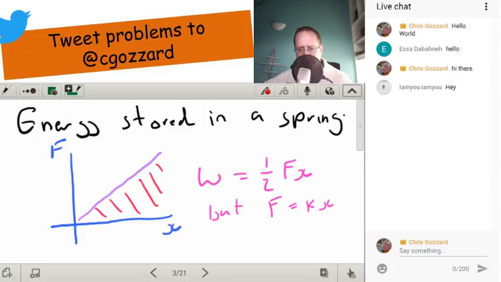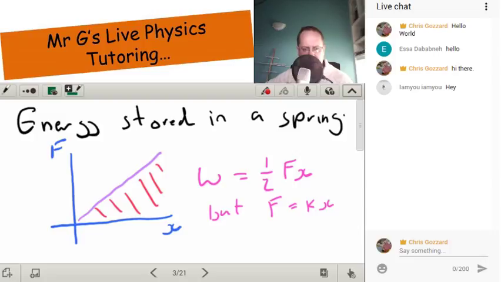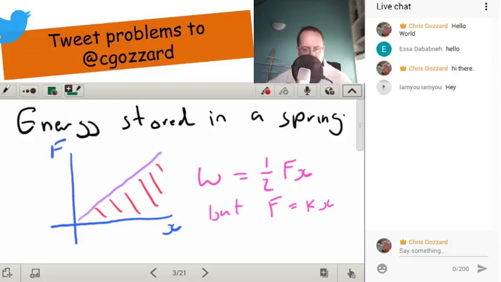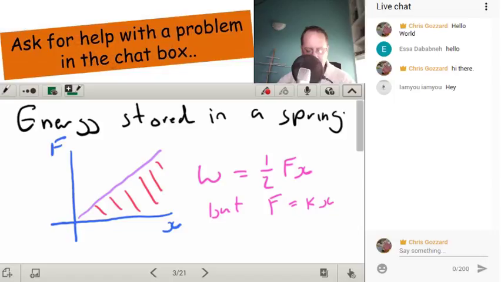So what you do is take the average of the forces. To begin with your force was 0, and at the end it's F, so the average of 0 and F is a half F. So half F times x. But we know F equals kx, so if we substitute that in, we get this nice little formula.